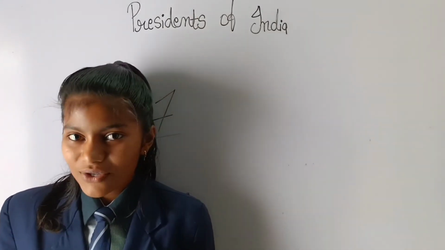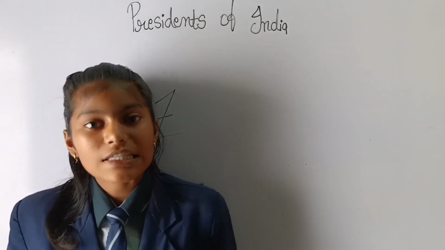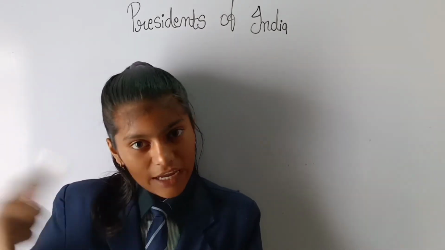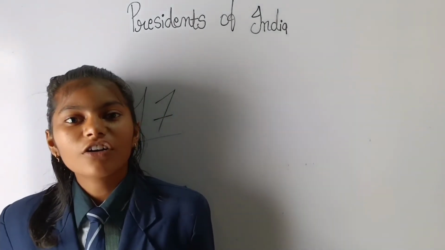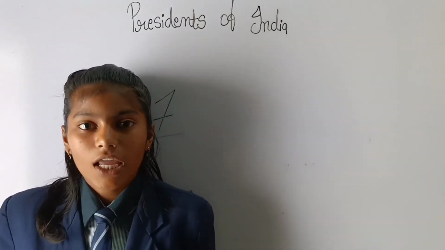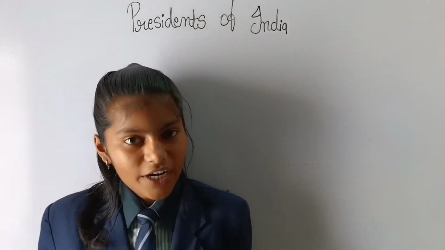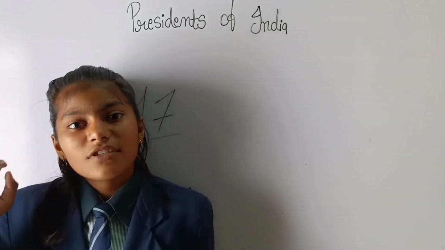Third, Zakir Hussain. Fourth, V.V. Giri. Fifth, Justice Hidayatullah. Sixth, again V.V. Giri. Seventh, Fakhruddin Ali Ahmed. Eighth, BDJT. Ninth, Neelam Sanjeeva Reddy. And 10th, Giani Zail Singh. And 11th, R. Venkataraman. 12th, S.D. Sharma.